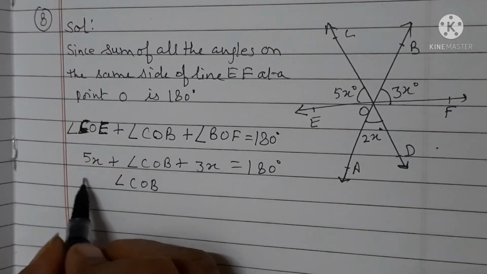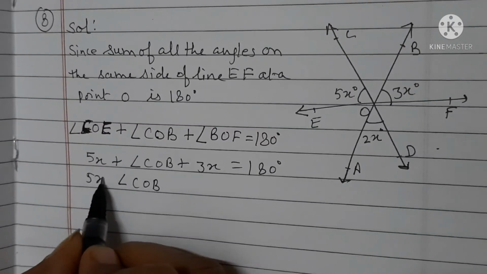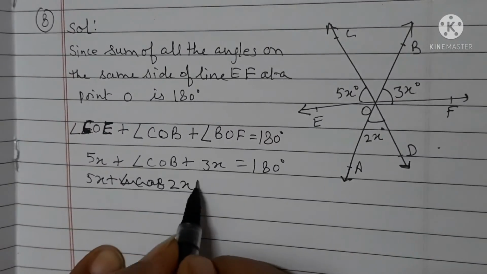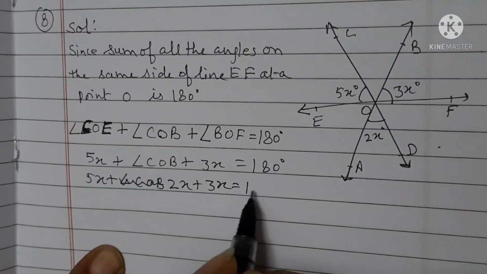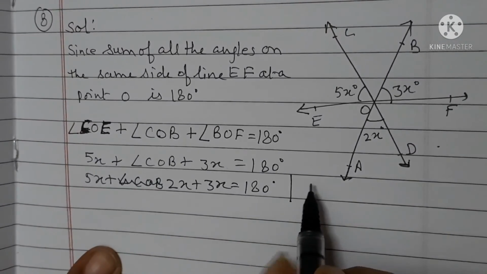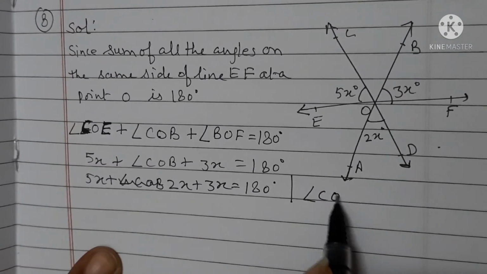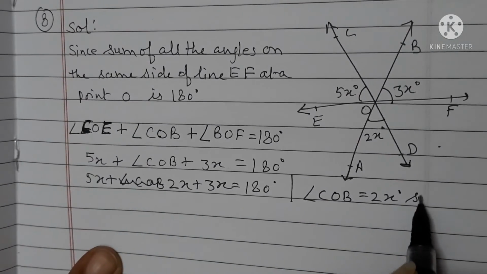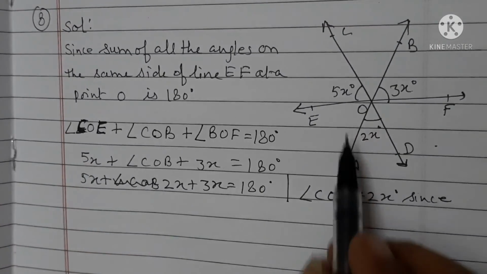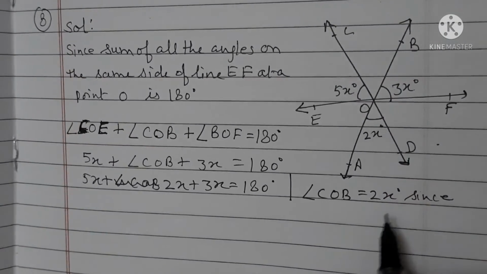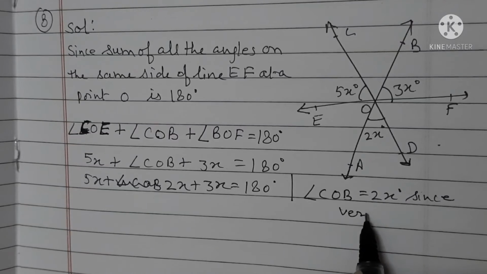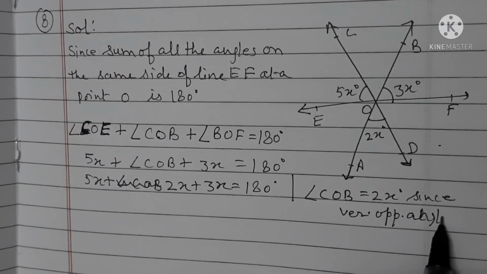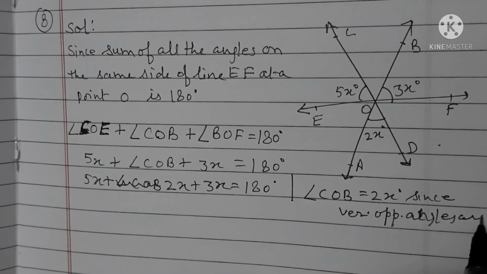So here 5x plus 2x plus 3x is equal to 180 degrees, and give the reason: angle COB is equal to 2x degrees since both are vertically opposite angles. Vertically opposite angles are equal.